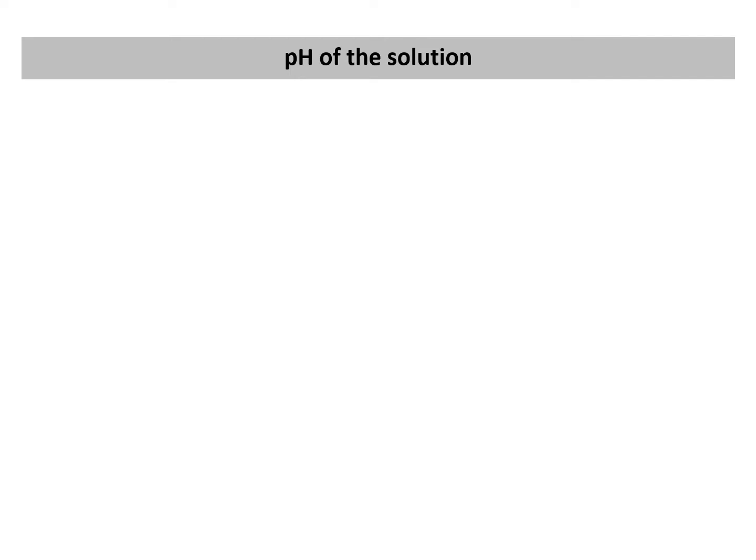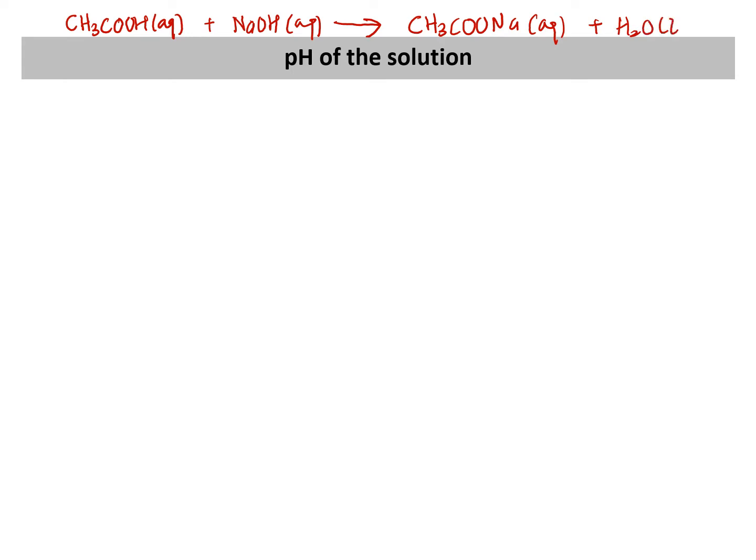So equation kita tadi, kita ada CH3COOH aqueous plus with sodium hydroxide. Okay, since dia adalah acid base reaction, single headed arrow, so garam yang kita akan dapat CH3COONa aqueous plus H2O liquid.